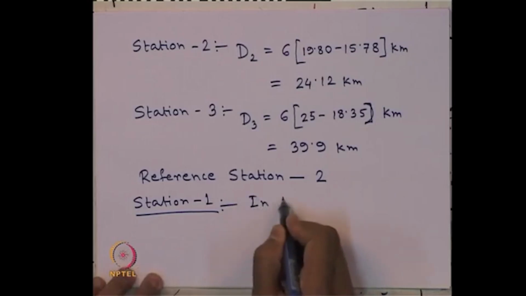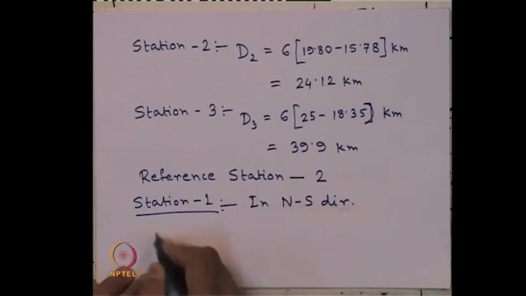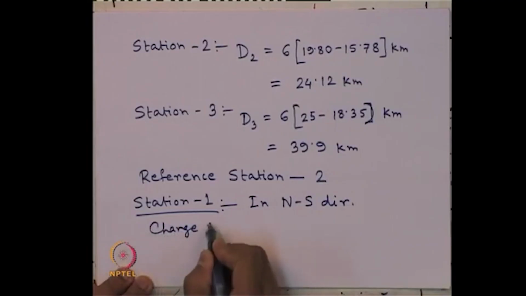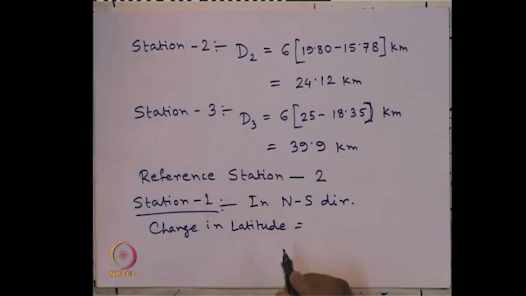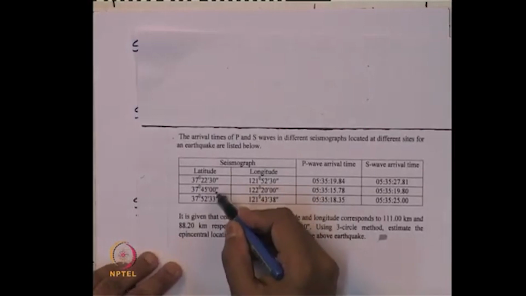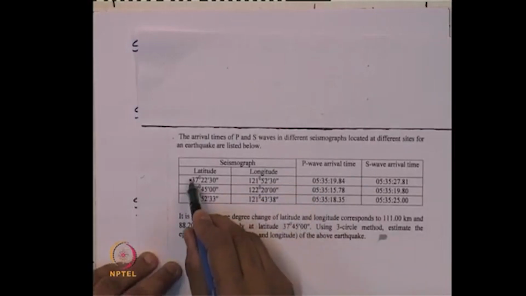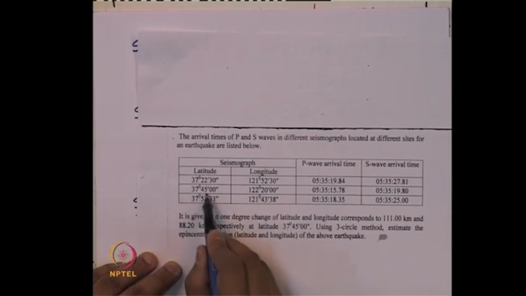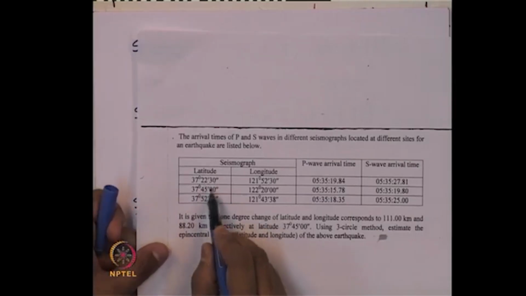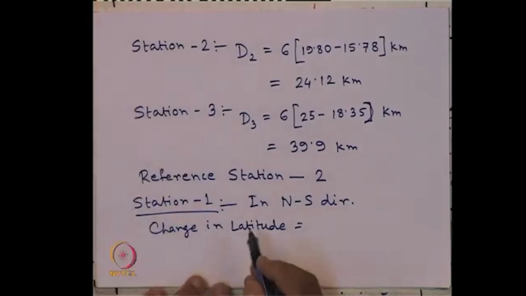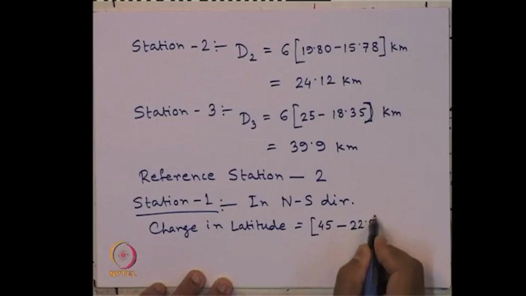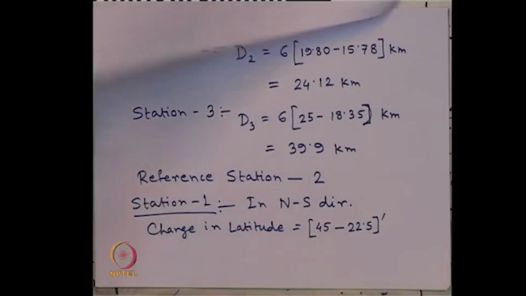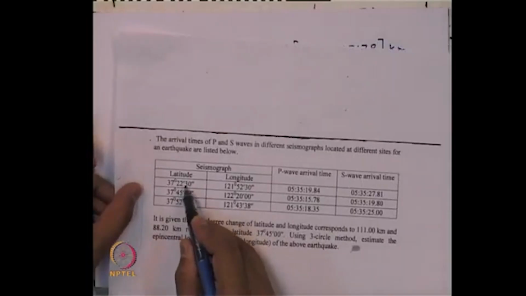In the north south direction, we have to find out the change in latitude. If we look at the value, the change of latitude between station 2 and station 1: the degree is the same, the minute is changing, 45 minutes 00 seconds versus 22 minutes 30 seconds. So, this is the difference in latitude between the 2 stations. So, it is 45 minus 22.5 minutes, because 22 minutes 30 seconds means nothing but 22.5 minutes, right.